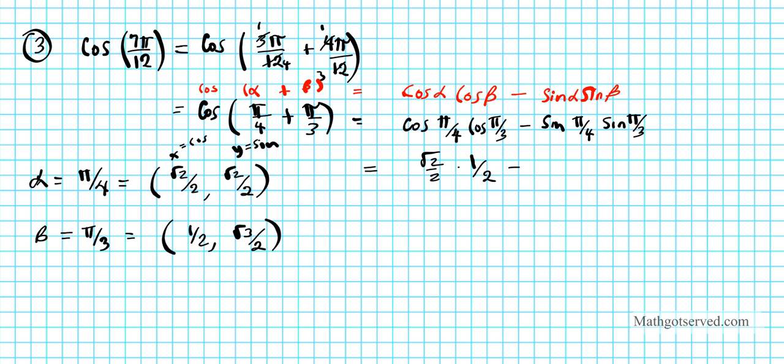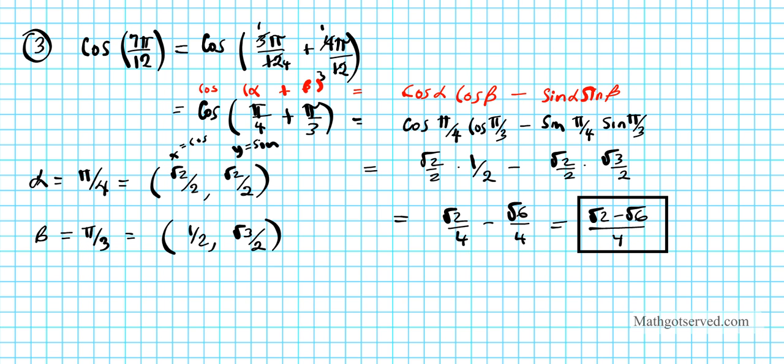Minus sine pi over 4 is the y coordinate for pi over 4, which is root 2 over 2, and sine pi over 3 is the y coordinate for pi over 3, which is root 3 over 2. If we multiply them out, the numerator here is root 2, the denominator 4. Minus, you multiply the numerator there, root 6, the denominator 4. So the answer is root 2 minus root 6 divided by 4. And that's your final result. All right, so there you have it.